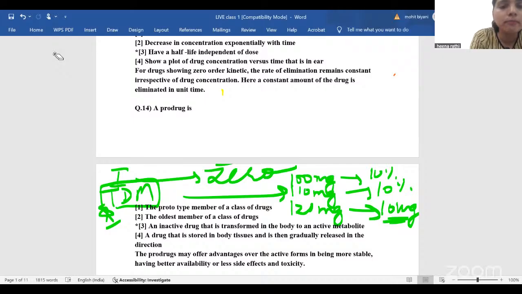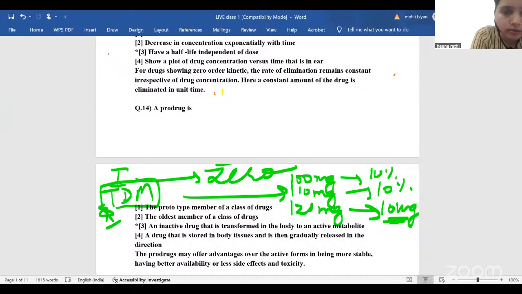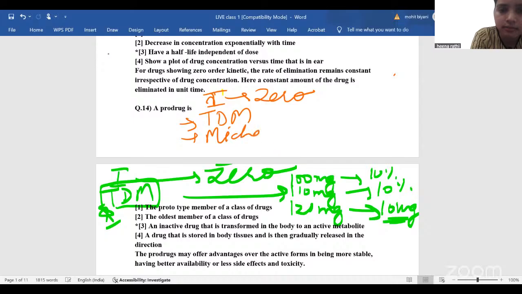It is called Michaelis-Menten kinetics. First order to zero order. Therapeutic drug monitoring is required for these cases. And which are the drugs which follow this kind of reaction?